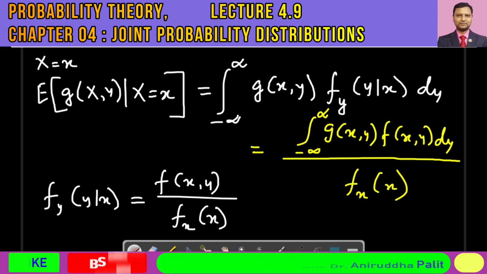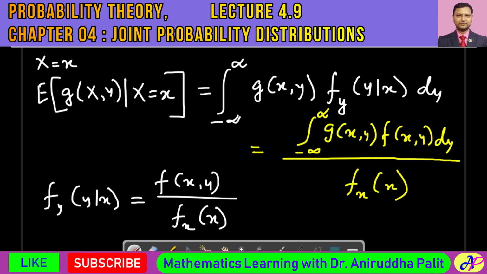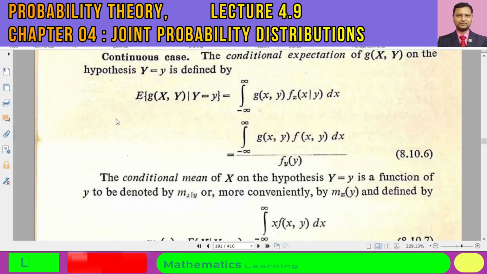So in this way we can define the conditional expectation from the conditional distribution of y given X equal to small x.